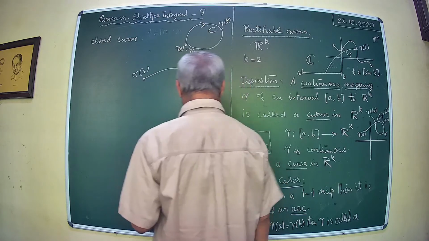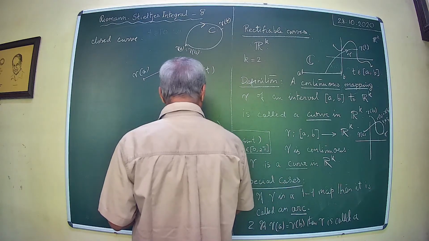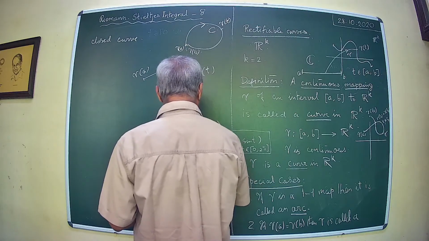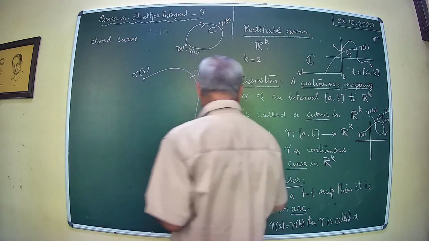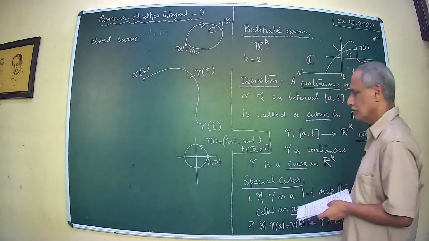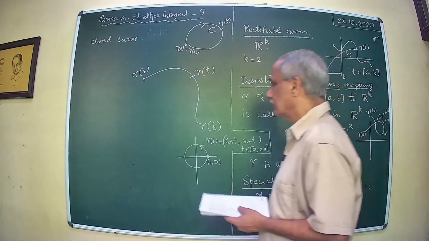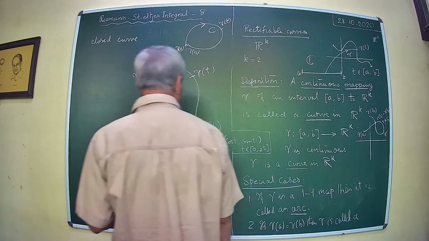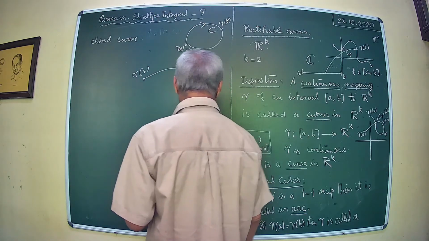Now this is the point where it starts, so it is (1, 0), and then traces the path in that direction. So this is another case of gamma, a specific case of gamma. This is the circle.